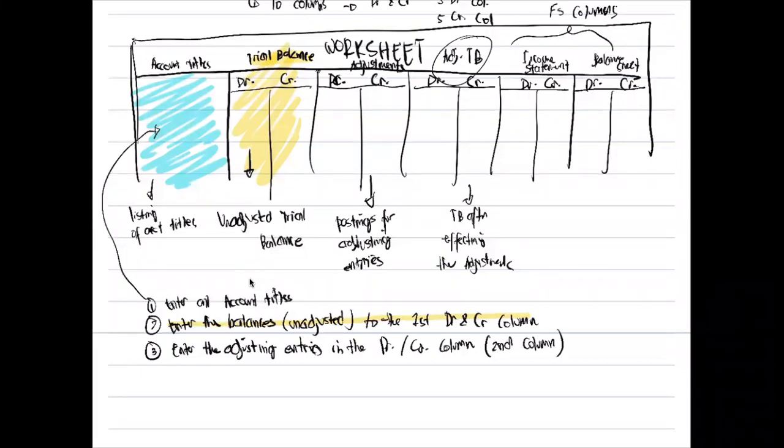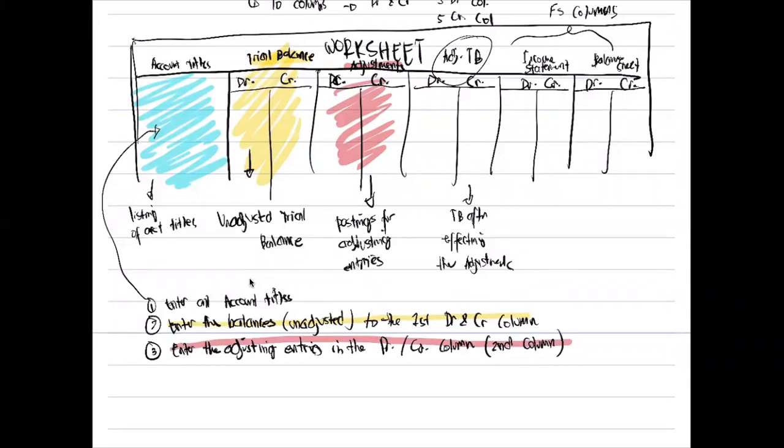Okay, so you enter it here in your second column. So we just make another color for that. So we have here adjustments. So you enter the adjusting entries in the debit or credit column in your second column.